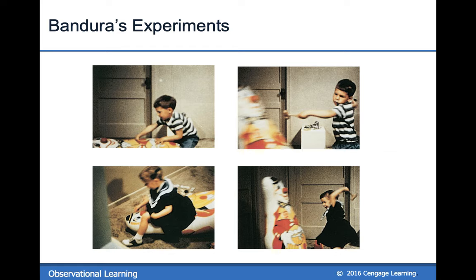So this really showed for the first time that aggression can be a learned thing through television, so through a screen. And this really changed how people viewed aggression, as well as television that was geared towards children.